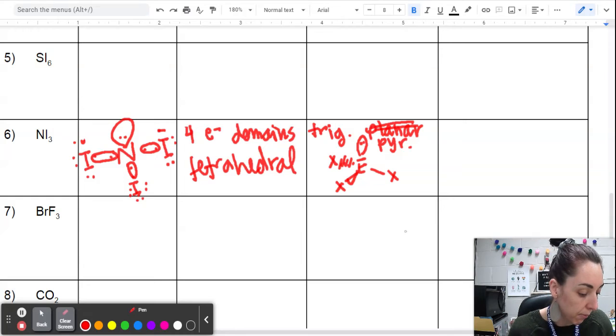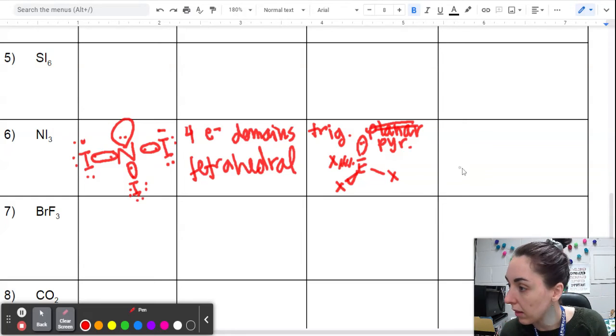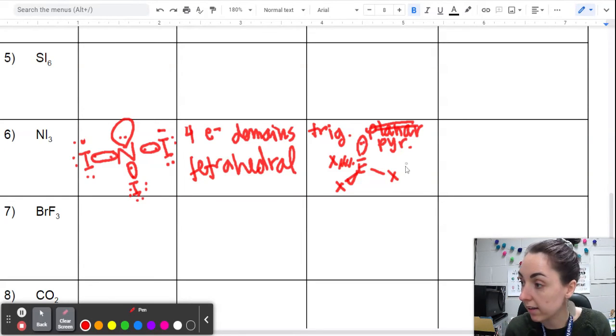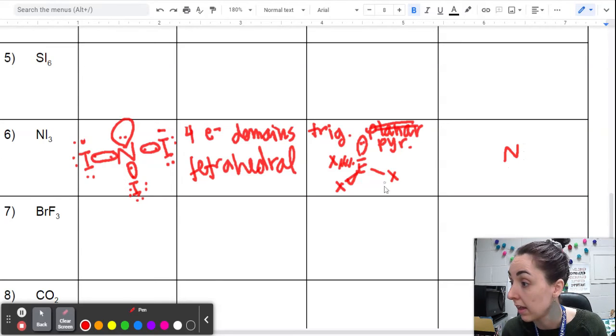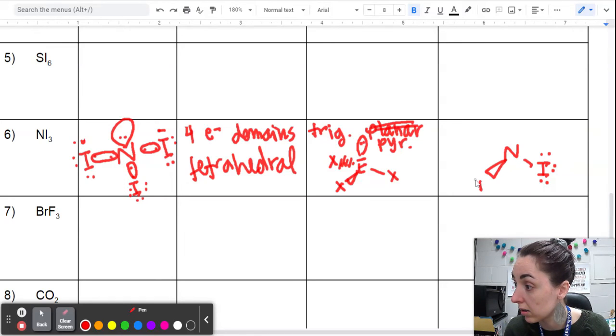Okay, so then how that translates is instead of writing E, I'm going to write N, because that's my central atom. And instead of these X's, I'm going to change them to I's. And I'm going to draw the leftover valence electrons around them.